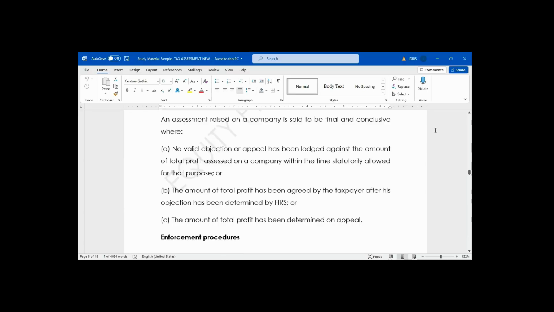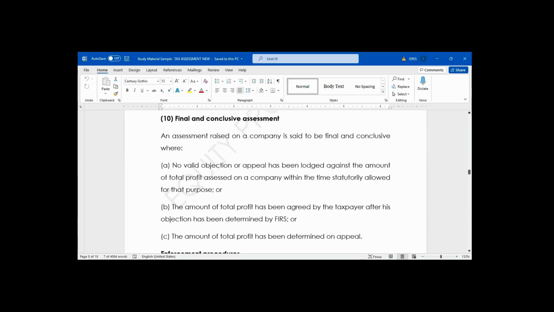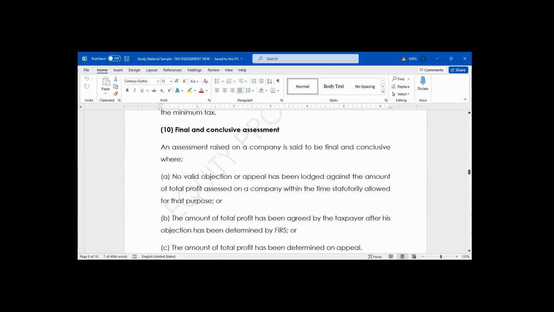Now, the next one we want to look at is final and conclusive assessment.